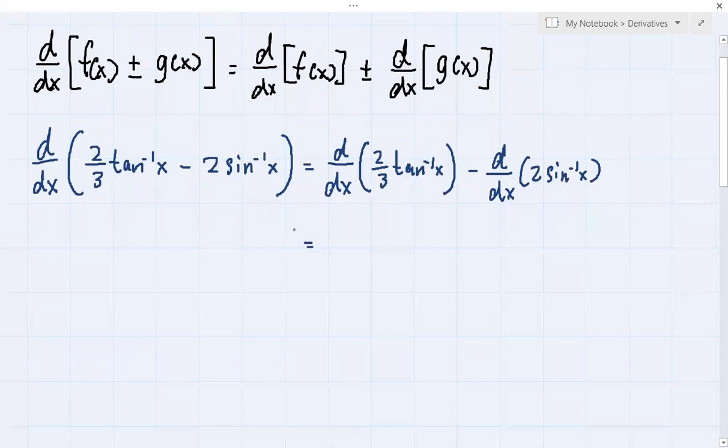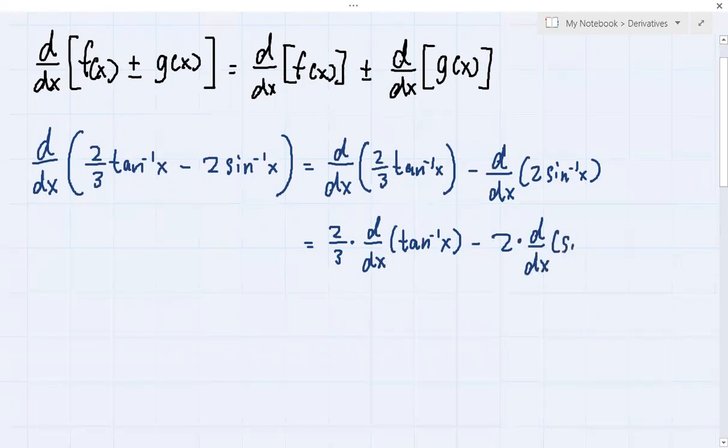So, kunin natin derivative nilang dalawa. Let's start with the first term. 2/3 arctangent. So, mangyari dyan, we will have 2/3 times the derivative of arctangent. Minus, ito, ganun din sa second term. Magiging 2 times the derivative of arcsine. Ayan.